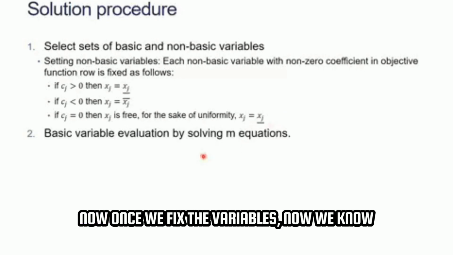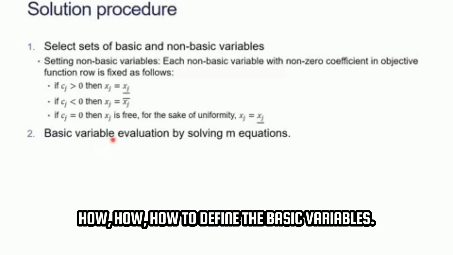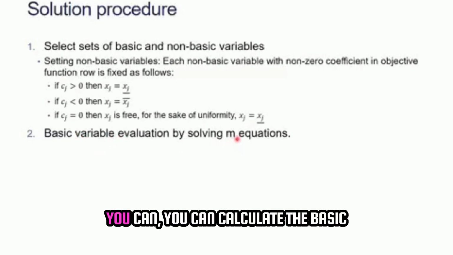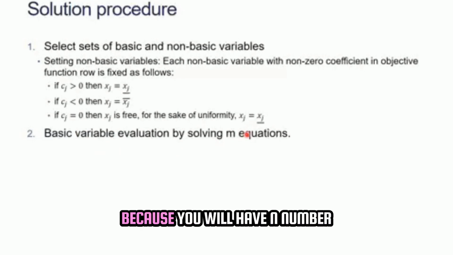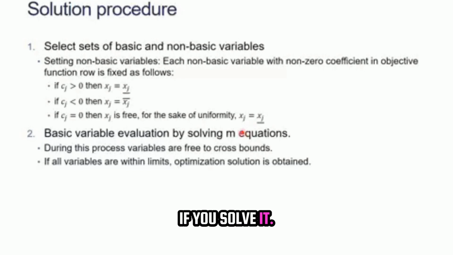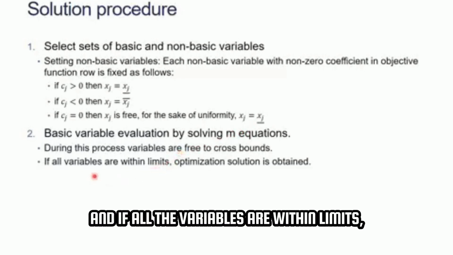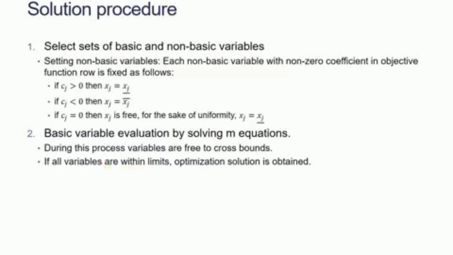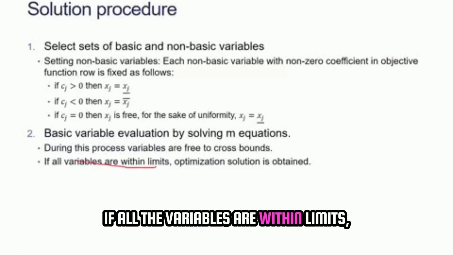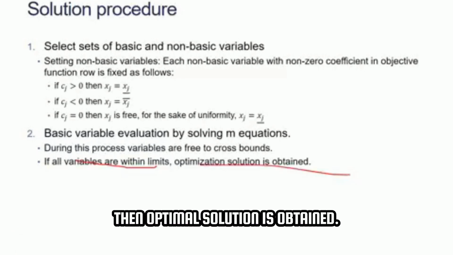Right. Now once we fix the variables, we know how to define the basic variables. You can calculate the basic variables by solving the m equations, because you will have m basic variables. You can easily solve it, right? If you solve it, and if all the variables are within limits, then the optimal solution is obtained.